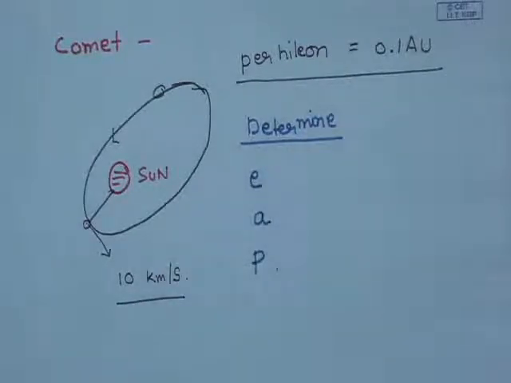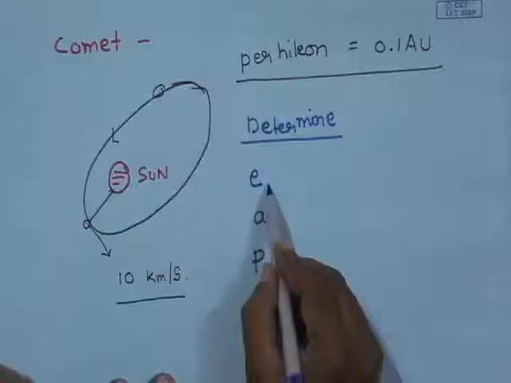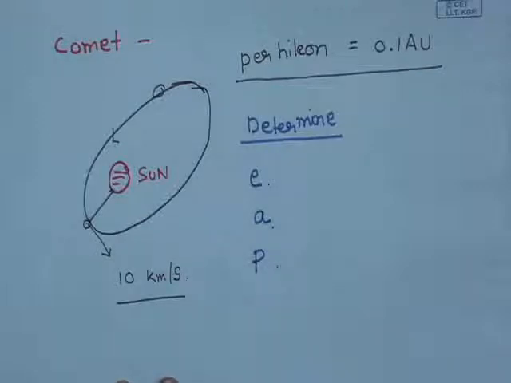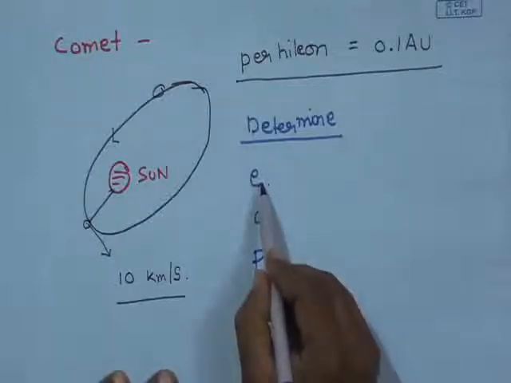Okay, so this is the problem that we are going to discuss. We have a comet and we have measured the perihelion distance and its speed at perihelion. We have to determine the eccentricity, the semi-major axis and the period of the comet. So, let us first determine the eccentricity.